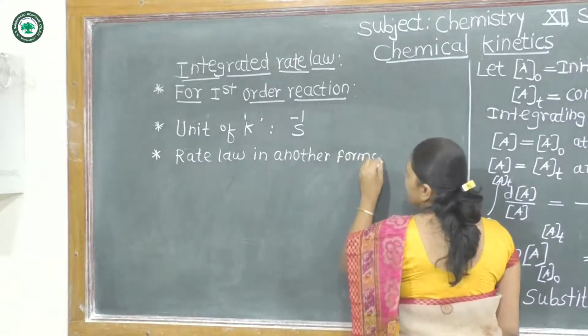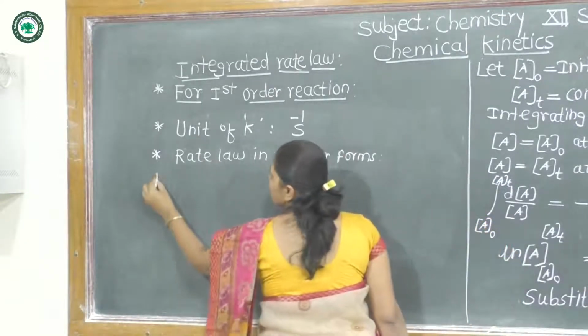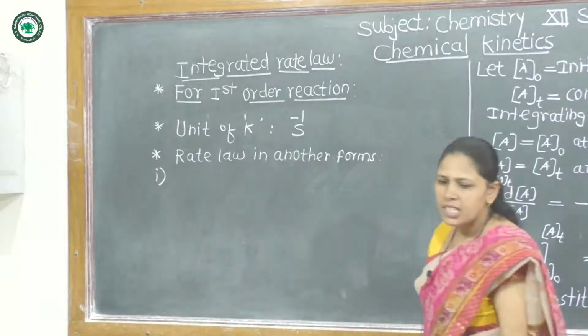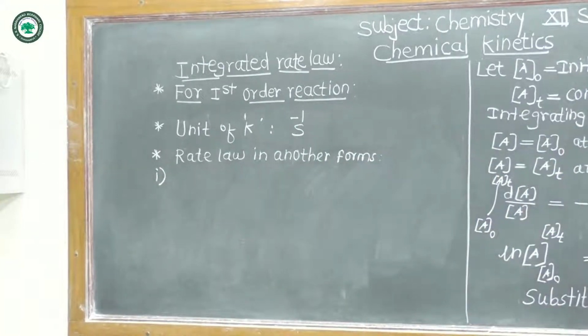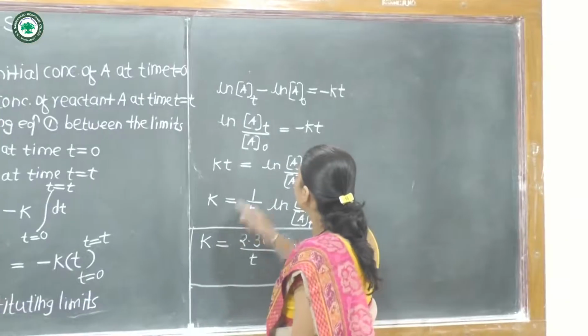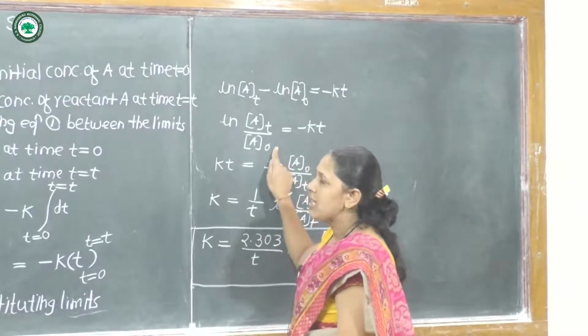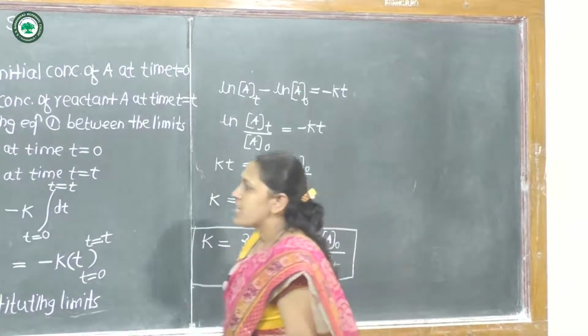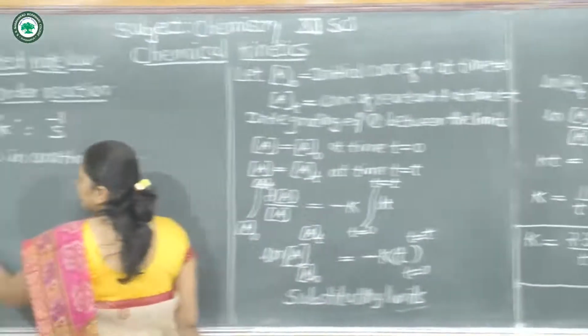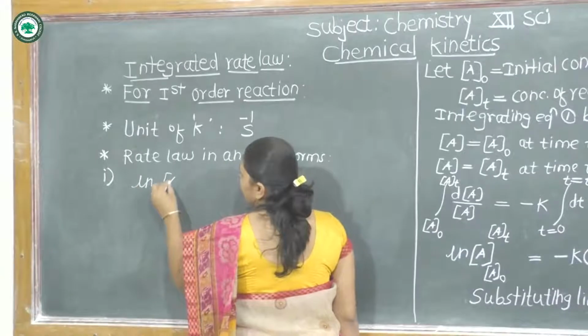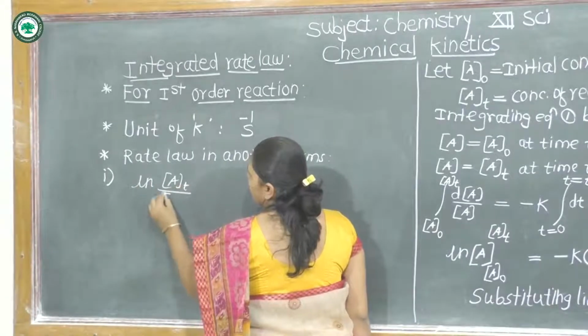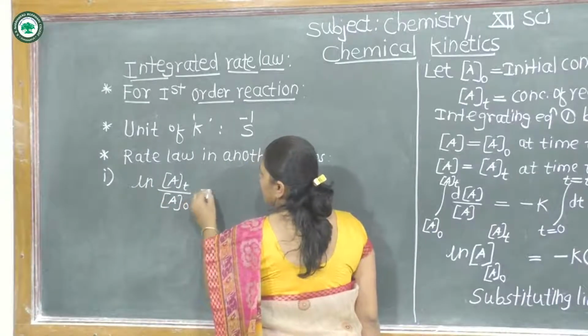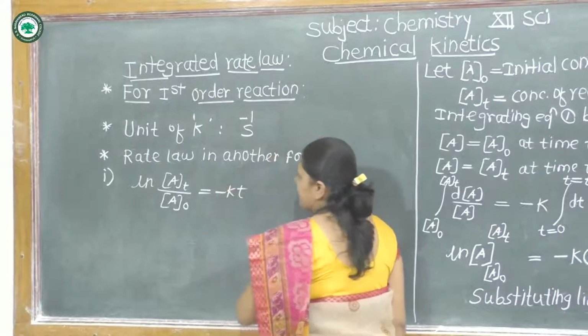The first form: here we get the equation ln of At upon A0 is equal to minus Kt.